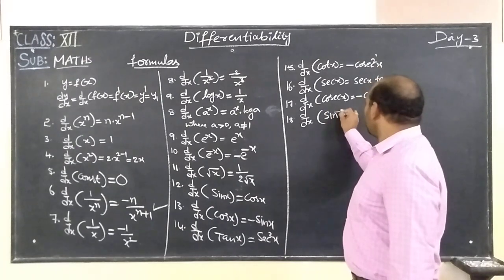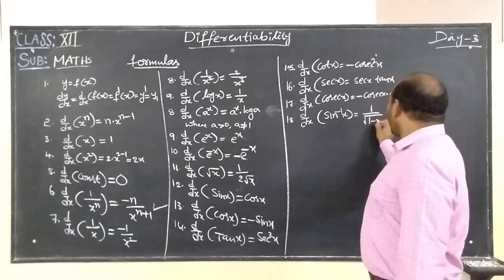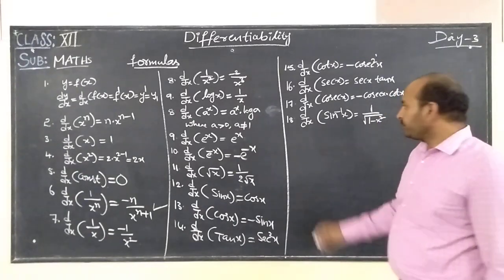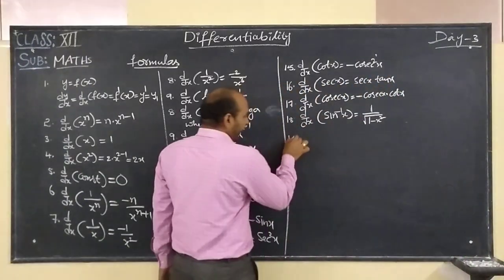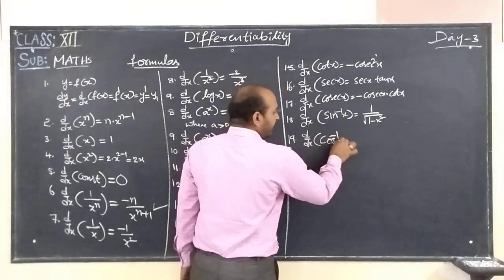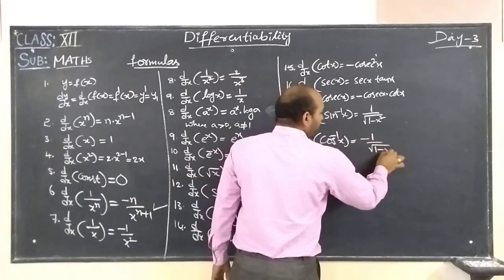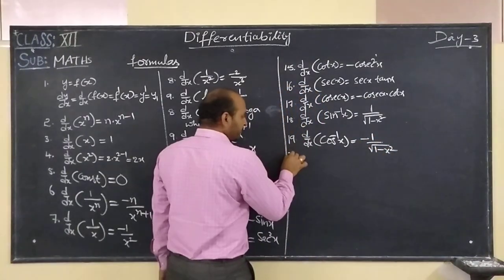D by dx of sin inverse x is equal to 1 by root of 1 minus x square. Next, d by dx of cos inverse x is equal to minus 1 by root of 1 minus x square.